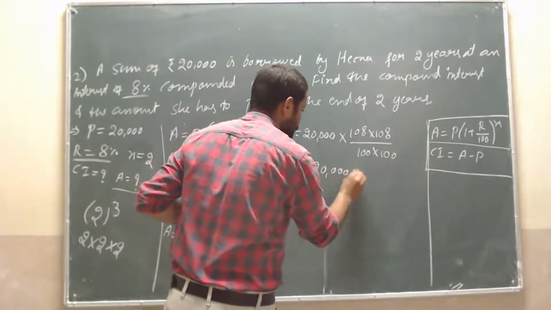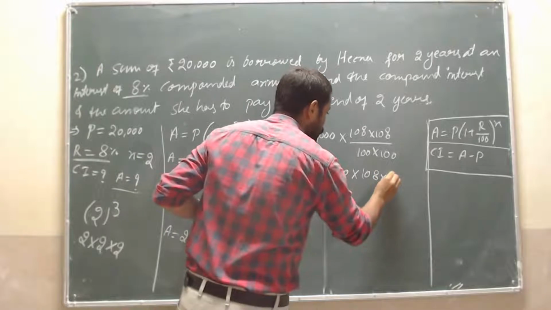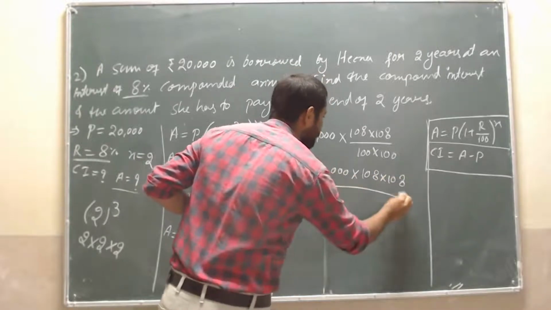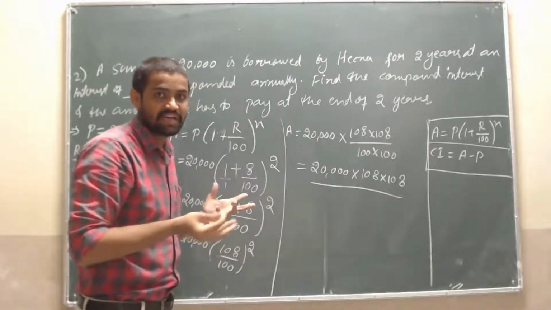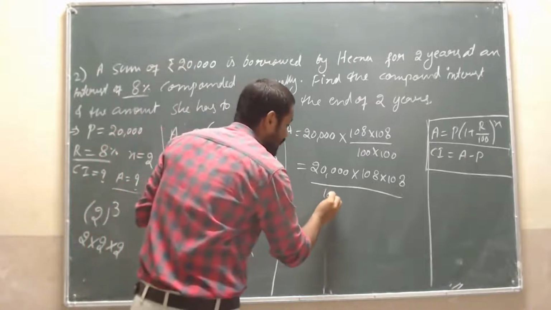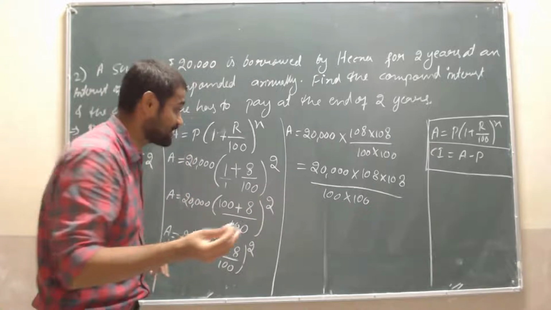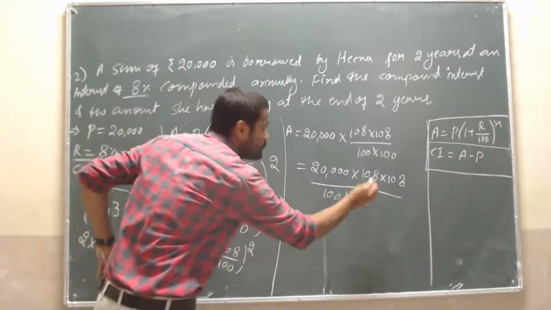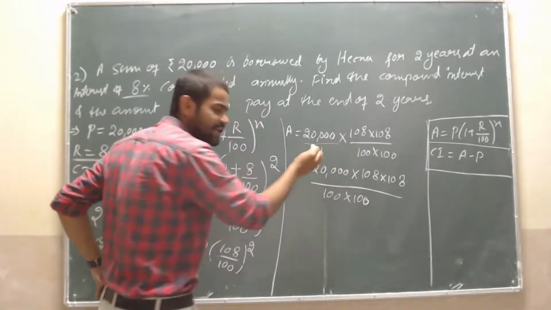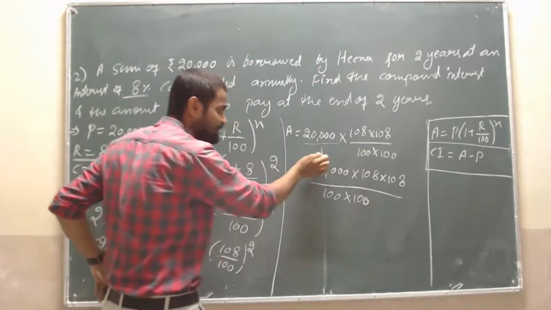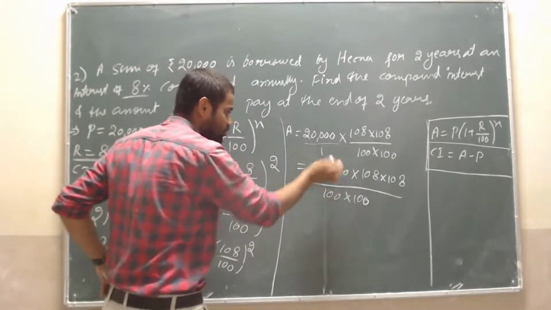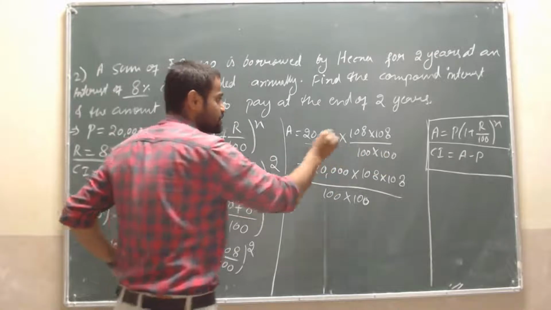20,000 into 108 into 108 divided by 100 into 100. Sir, directly 100 into 100 because in the tables, 100 also 100. Okay, see here, multiplication. That's where I have multiplied this one to this one. It becomes 100 into 100, 100 into 100.